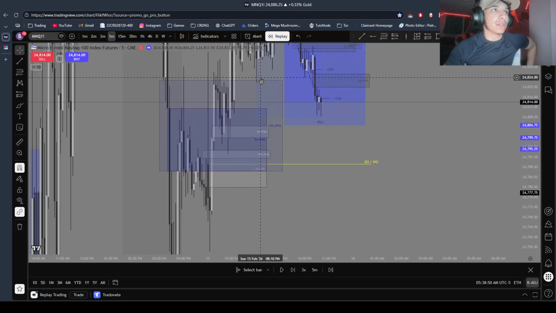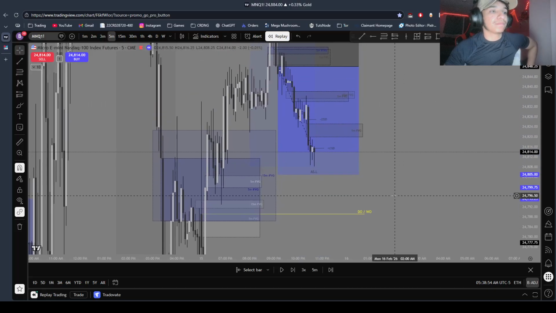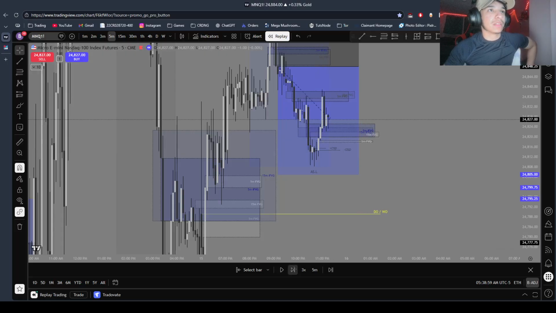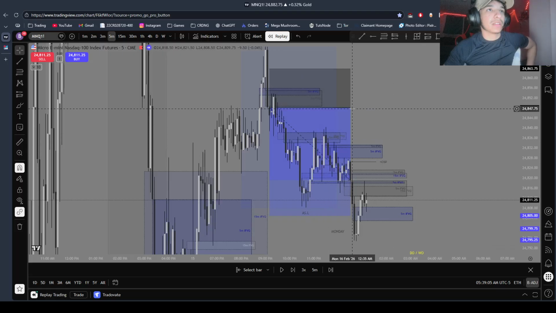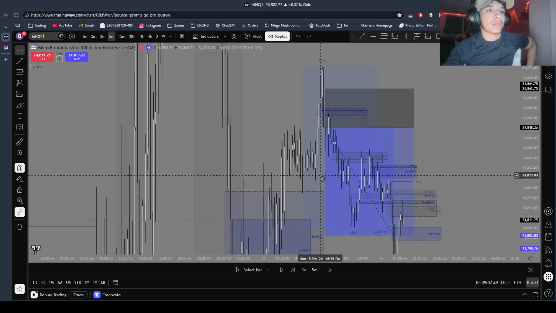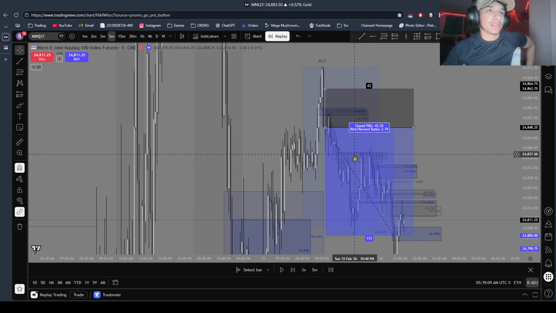One right there at that swing low, and then another one at this one, but it played out this way. As you can see, we didn't get a retest up, and then that's when we get that drop lower. But I probably got stopped out here. So I'm pretty sure I got out here.